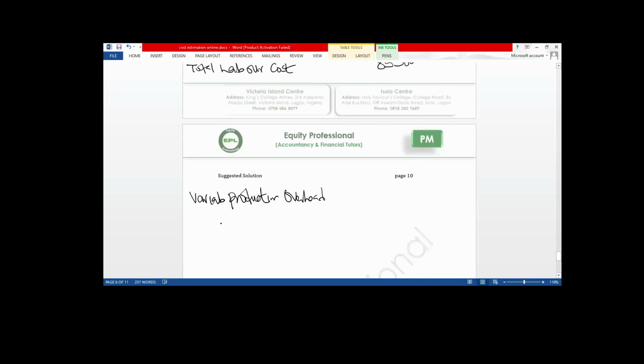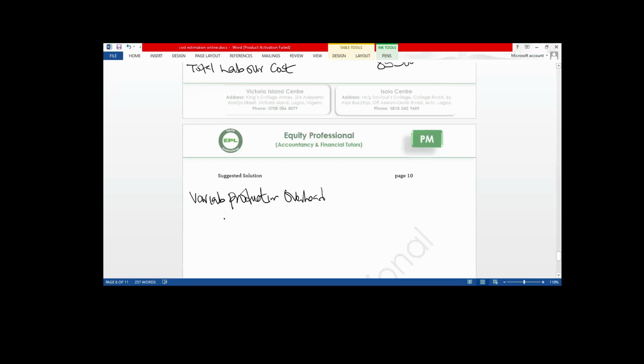If you look at variable production overhead per unit, whether at 100% or above 100%, what is the variable rate per unit? 4 naira. Check it, 4 naira.